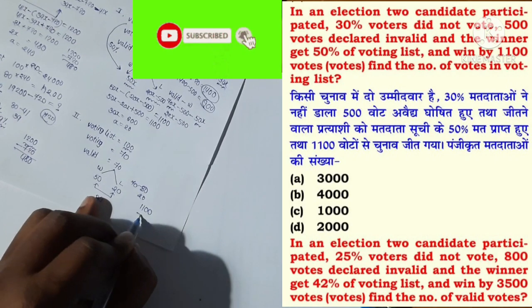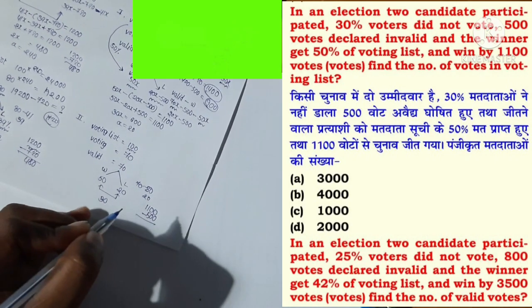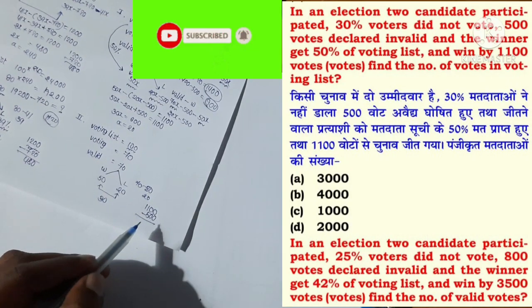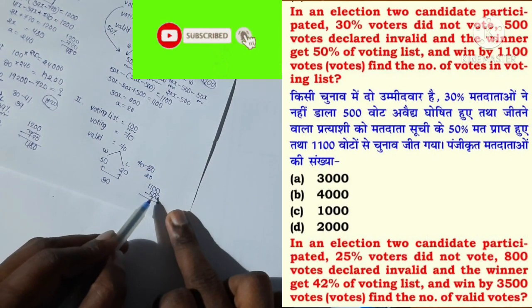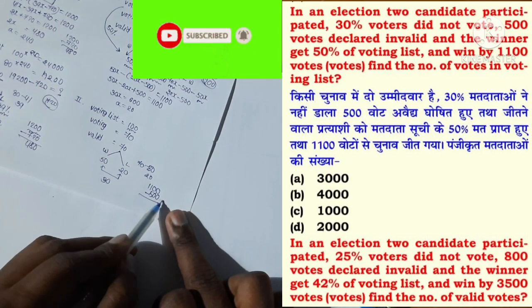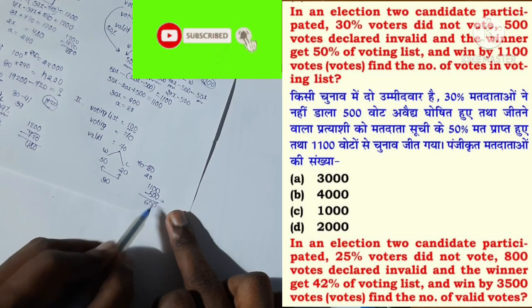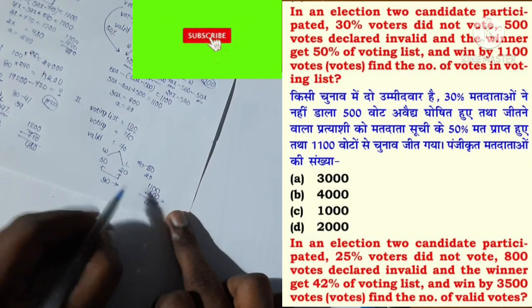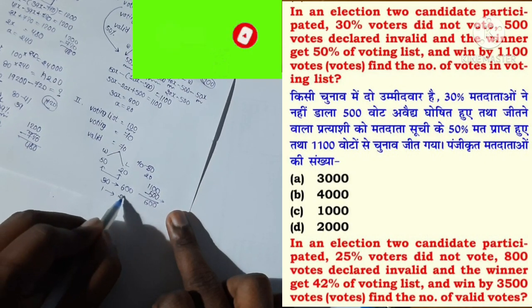So subtract 500 from 1100, so the value is 600. So 30 units represent 600, 1 unit represents 20.